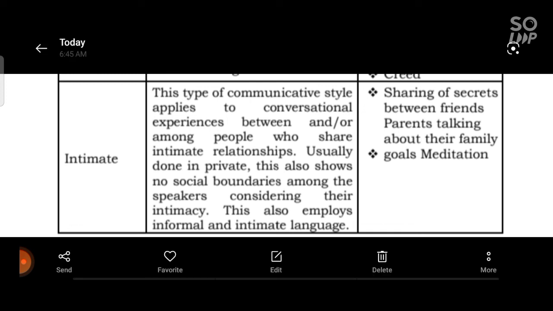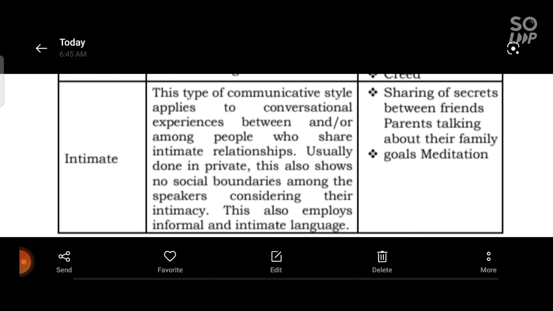Let's say for instance you are speaking the pledge of allegiance, you are singing the national anthem, you are talking about the prayers, or you are in let's say in church.